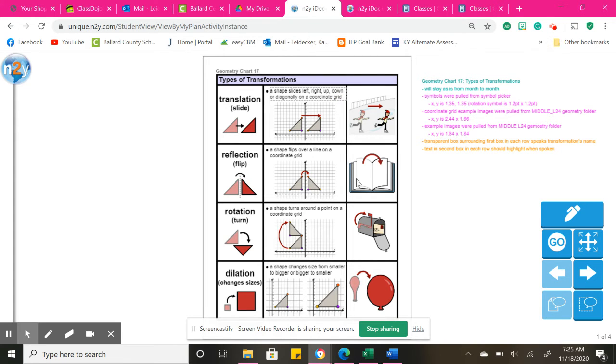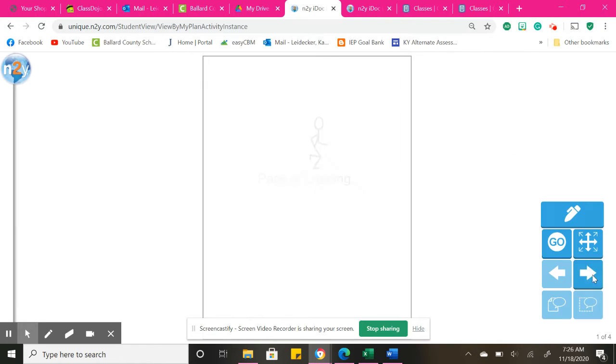You're flipping that image. And then you have rotation, which is like you're rotating around something, but your one foot stays in one spot. So it's just like a turn. And then you have dilation, which changes in size.